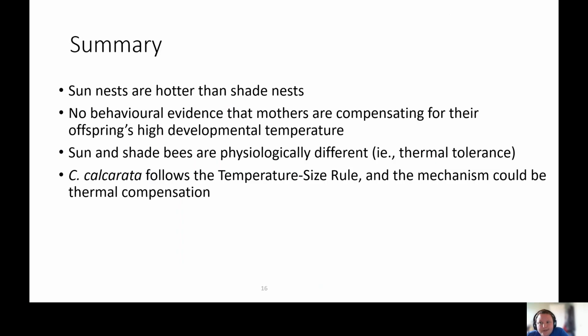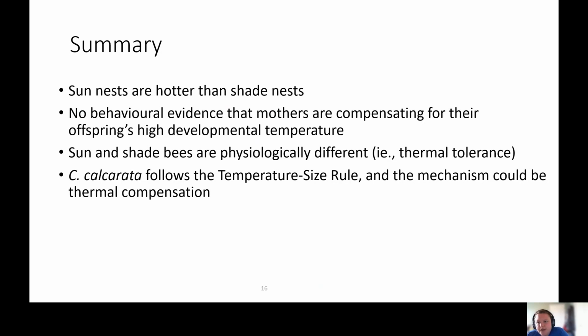This research confirmed that sunny nests are hotter than shady nests, suggesting maternal choice affects offspring microclimate. I found that mothers do not adjust their foraging behavior in response to nesting microclimate, suggesting they don't compensate for the expected smaller size of their offspring in sunny nests.